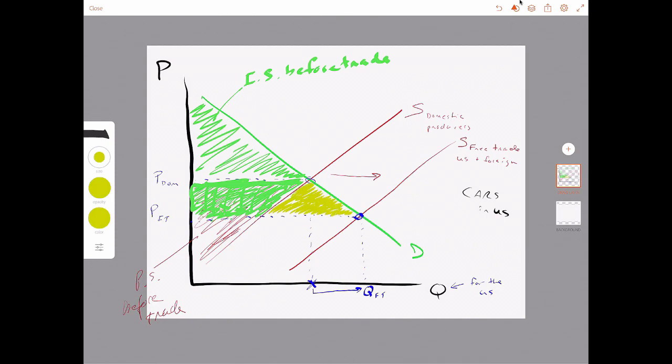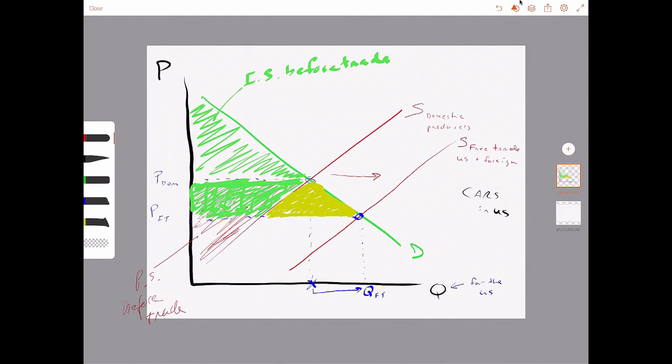So this amount in this yellow color is surplus that didn't exist when it was just the domestic market. But now with more trade, there's more surplus.